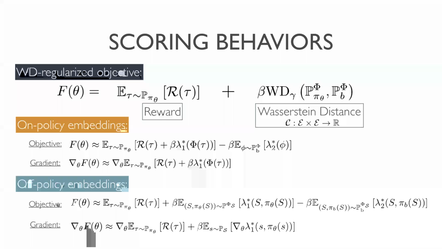So what we're doing here, if we had the test functions learned, is using them to add an extra signal to the reward function. And once you can do that, then you can take a gradient through it, for example by doing policy gradients or using evolution strategies, as we described in the beginning. The story for off-policy embeddings is also similar.